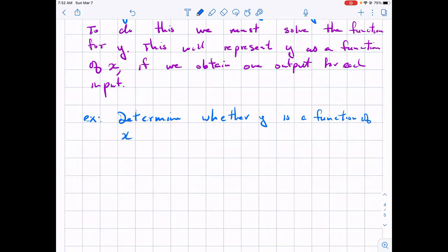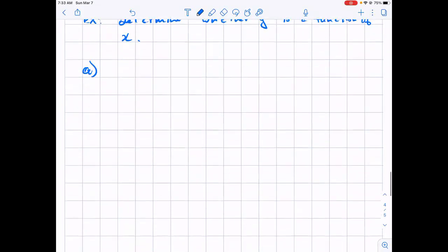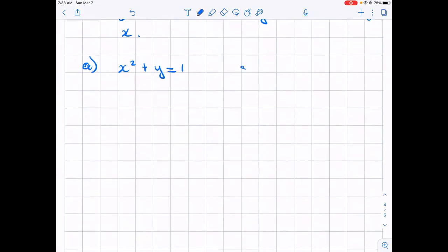We want to determine whether y is a function of x. And if we look at example A, we have x squared plus y is equal to 1. So let's solve for y.